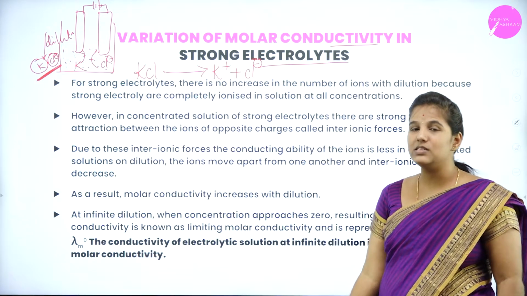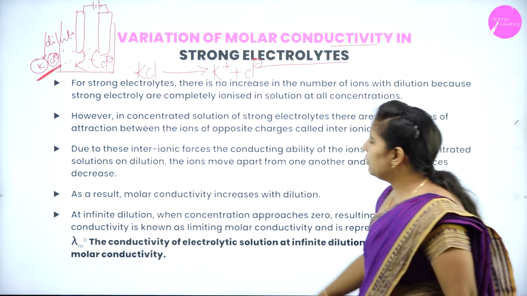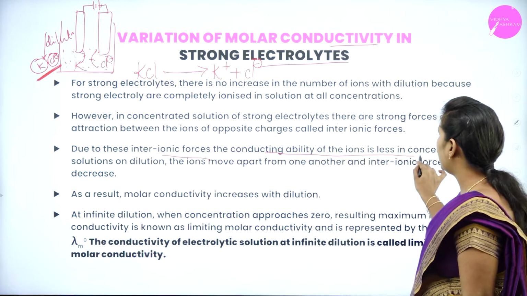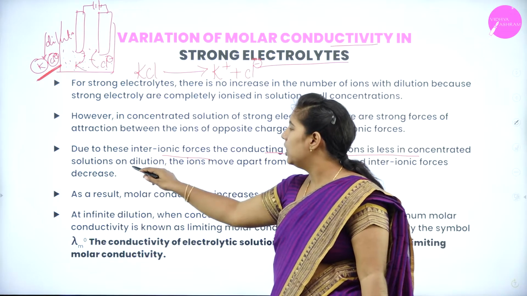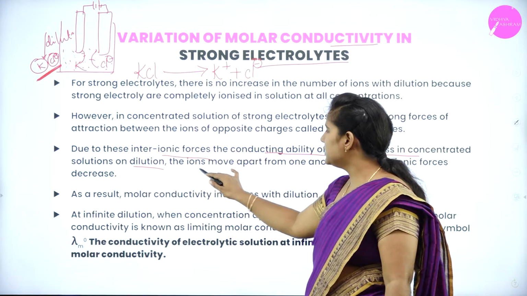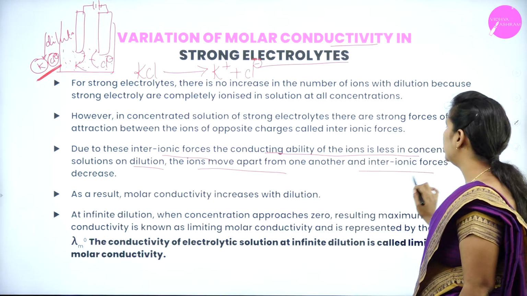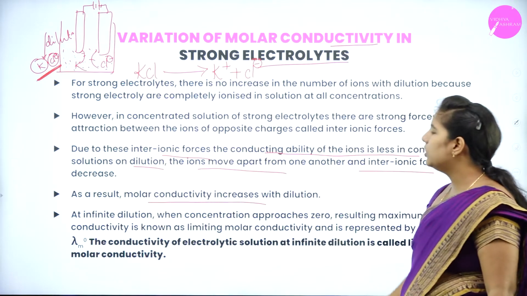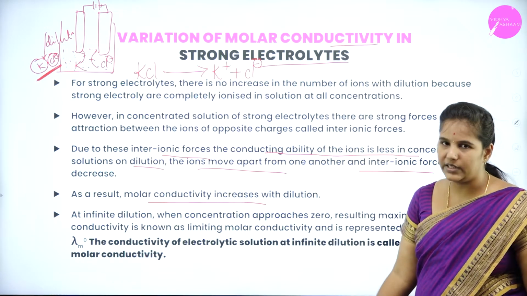But what happens at infinite dilution? Let's see. Due to the interionic forces, the conducting ability of the ions will be less in a concentrated solution. On dilution, the ions move far away from each other and the interionic forces decrease. As a result, molar conductivity increases with dilution, as I have explained with the diagram.